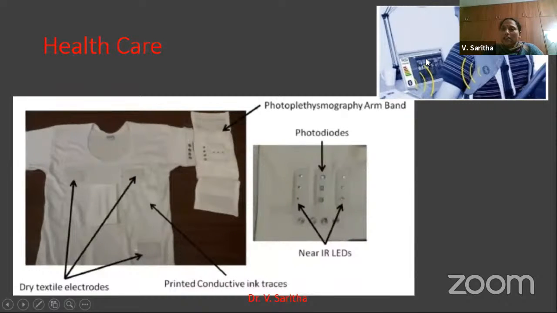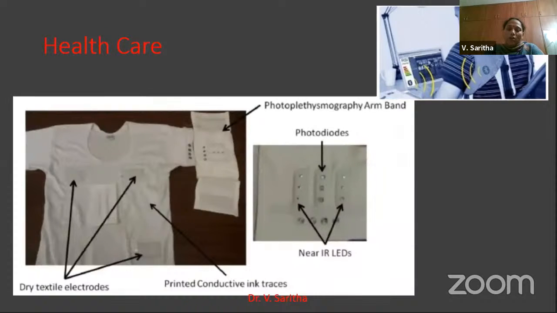And here you can see another one. This is a band that a person is wearing on the shoulder. This person is suffering from shoulder ache. So when exercises or physiotherapy are being done, the improvement or betterment, whatever it could be, depends on the way we are performing the physiotherapy.